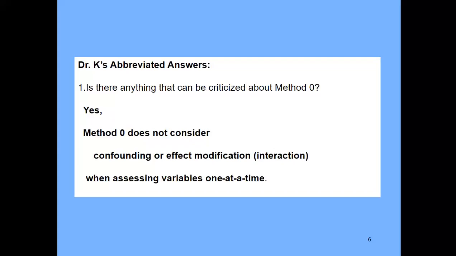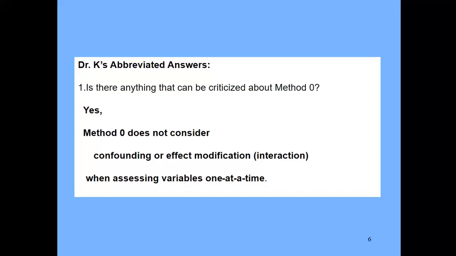Why doesn't it consider confounding or effect modification to decide how to drop variables from the analysis? Say that again? Because you just include all the models. Well, that's not what I'm doing. This method 0 says I drop the ones that aren't statistically significant. That's what it says. So I'm going to drop some if they're not statistically significant. I may not include them all.